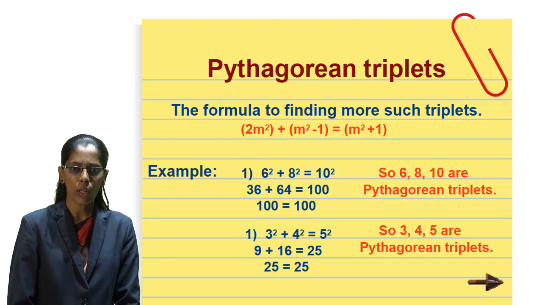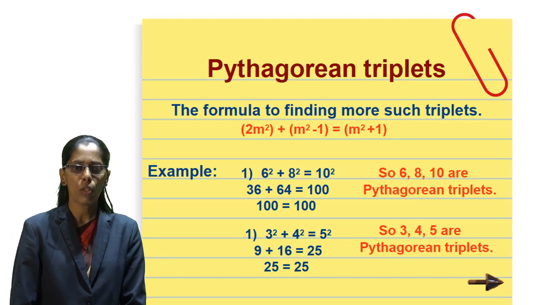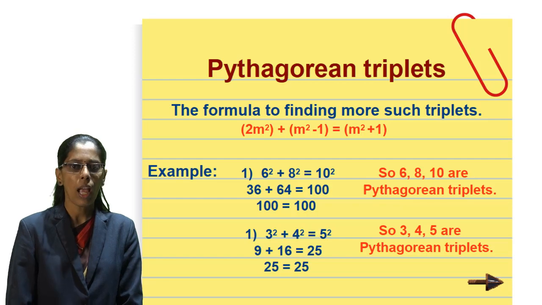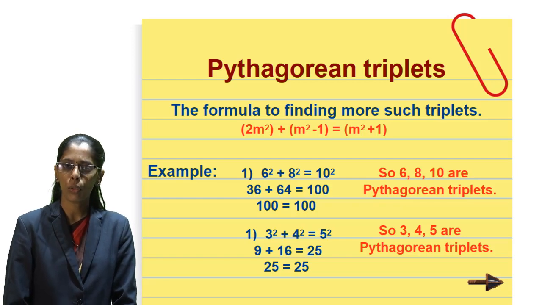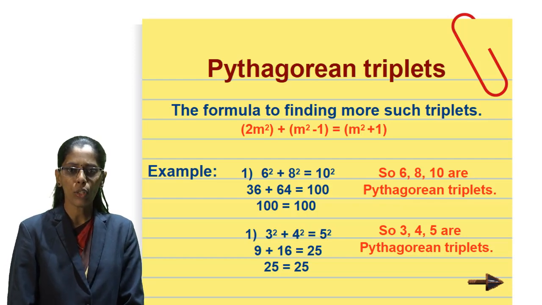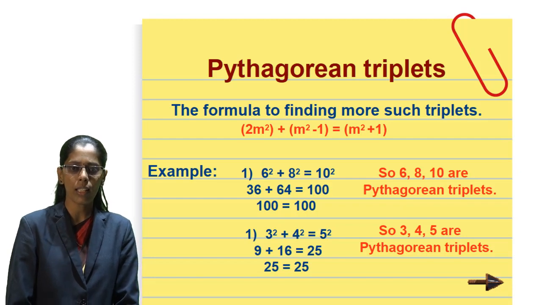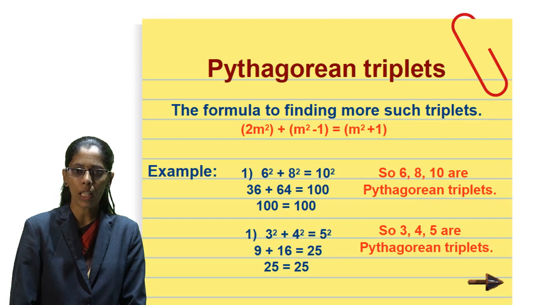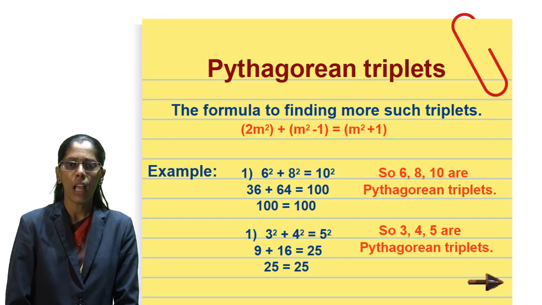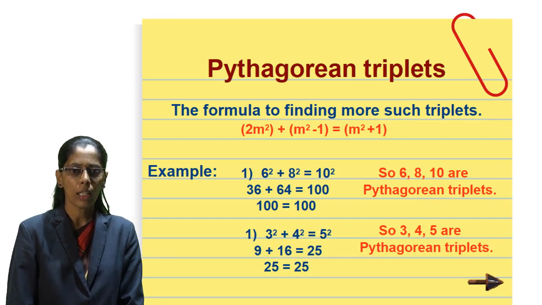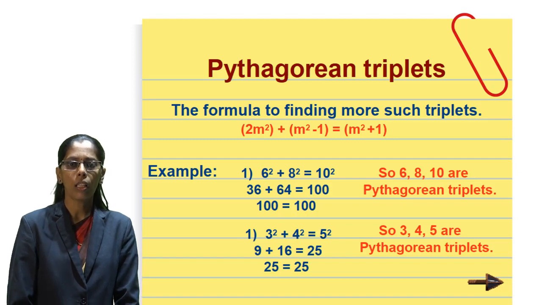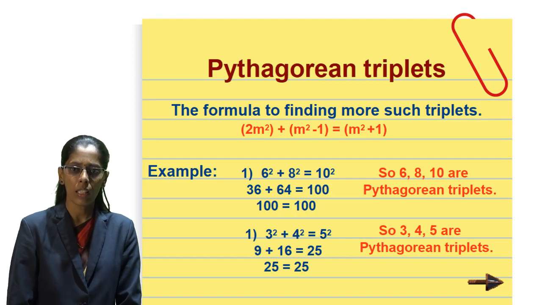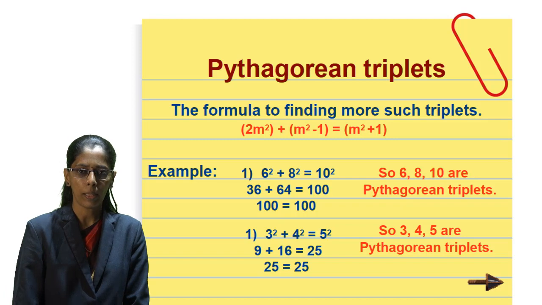Square of 6 is 36 plus square of 8 is 64, and square of 10 is 100. After adding, we get 100 on one side and again 100 on the other. This means 6, 8 and 10 are Pythagorean triplets. One more example, 3, 4 and 5, is also a Pythagorean triplet.